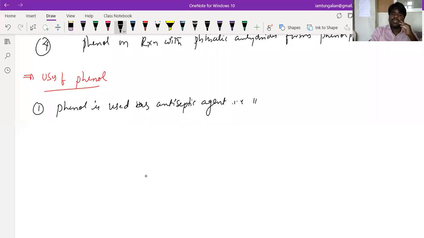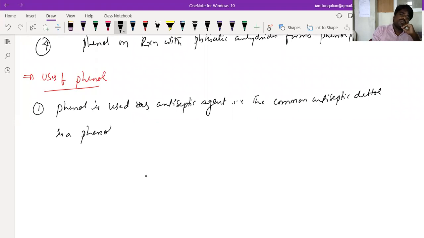That is the common antiseptic Dettol, beta. Dettol is a phenol derivative. We are most familiar with Dettol, beta, which is a phenol derivative.